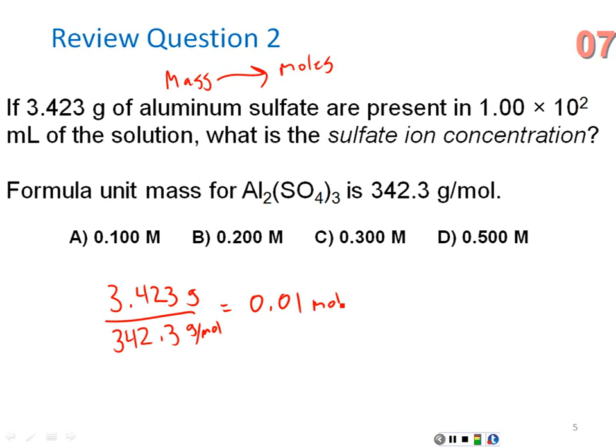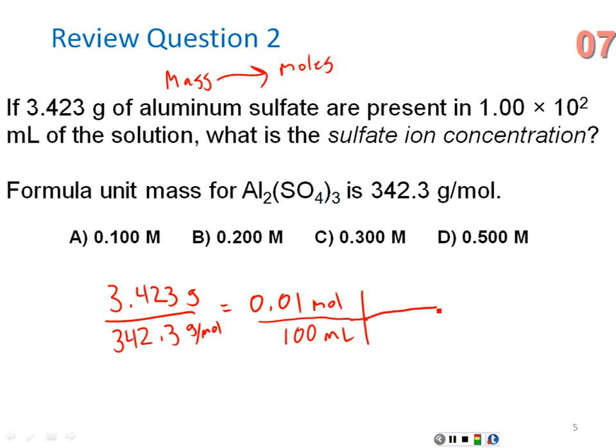Now you know the volume as well. The volume is 100 milliliters. So 0.01 mole divided by 100 milliliters. But all the answers are in molarity, so we'd want to get it in moles per liter.